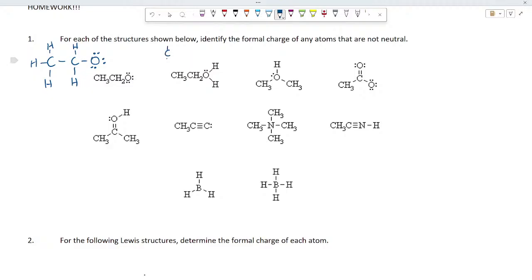So again, you don't have to draw the question out per se, but for most of these it'll be helpful. Do you get the idea, or do I need to keep drawing this out?